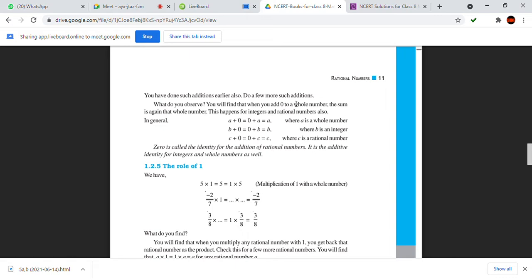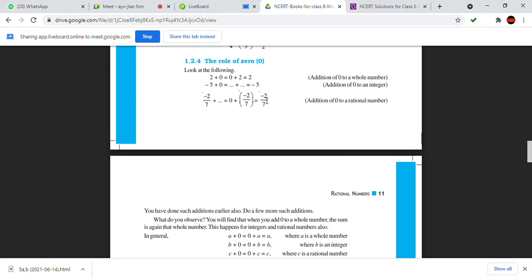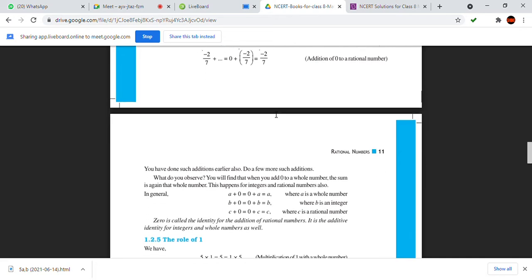Below, give the heading additive identity.